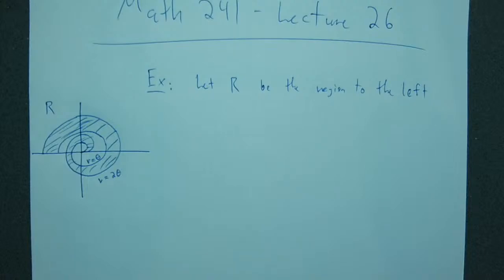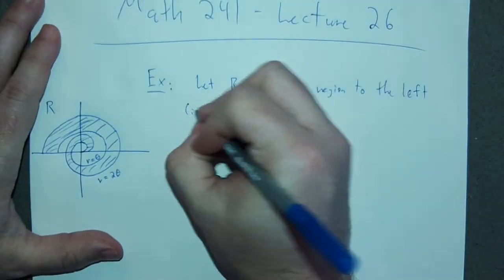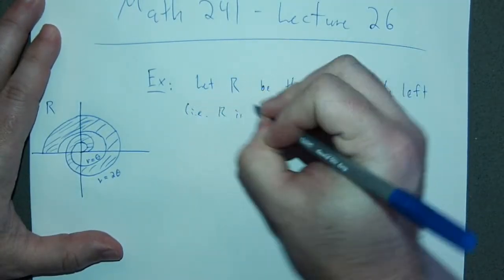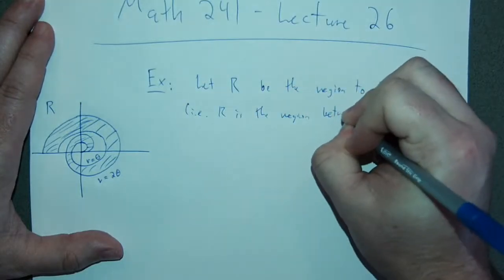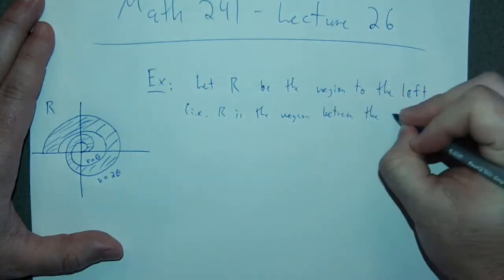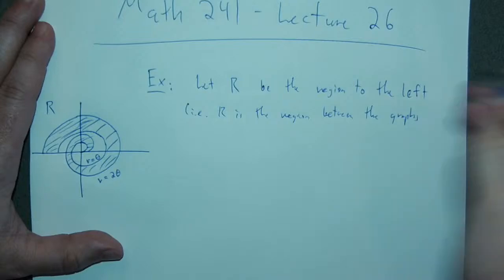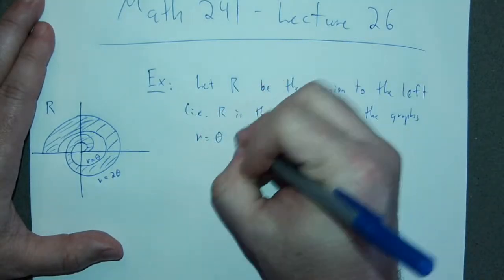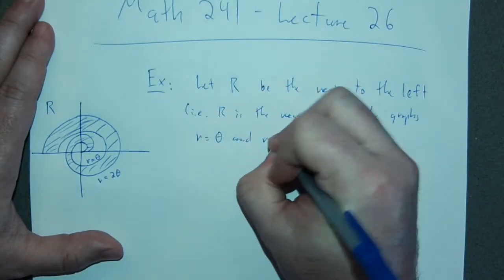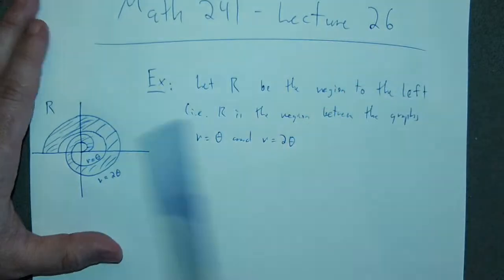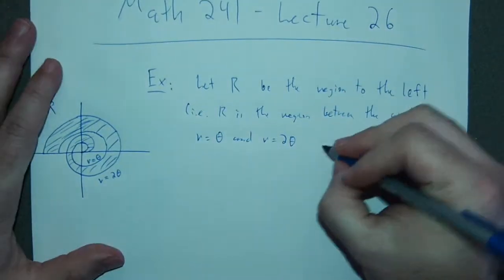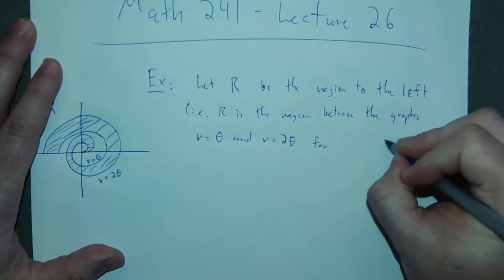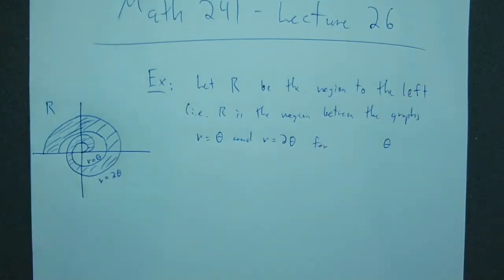So R is the region between the graphs r equals theta and r equals 2 theta. Can you tell what the angular values of theta are here? So for theta, between what values? Let's see here.